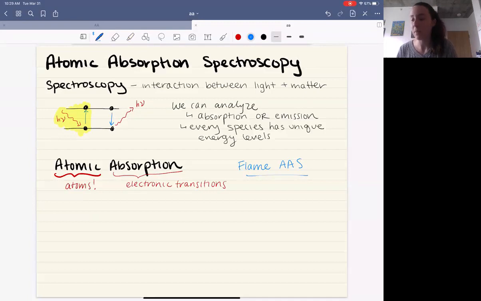Some applications for this instrument, like I say, it's really good at identifying atoms, and we're going to talk about Beer's law in a second. This method is commonly used for identifying heavy metals in environmental samples, for example, in water analysis, to make sure that our drinking water is good and safe. In this experiment, we're looking at the calcium concentrations.